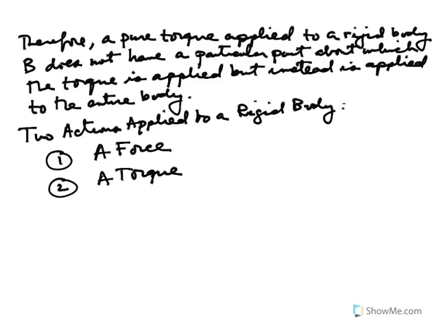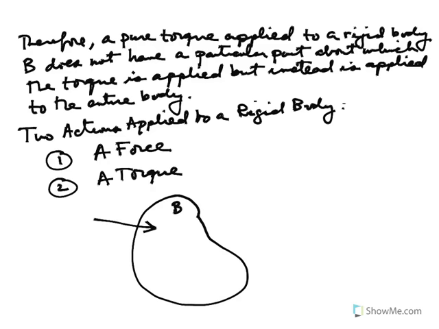But in the case of a force, if we look at a rigid body, let's go back and draw this diagram. I have this rigid body B. Forces are applied at different points on the body. So if I have a bunch of points on the body, the force depends upon the point where it's applied to the body.